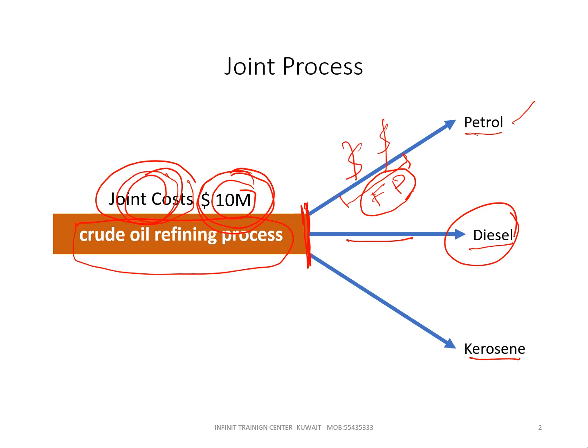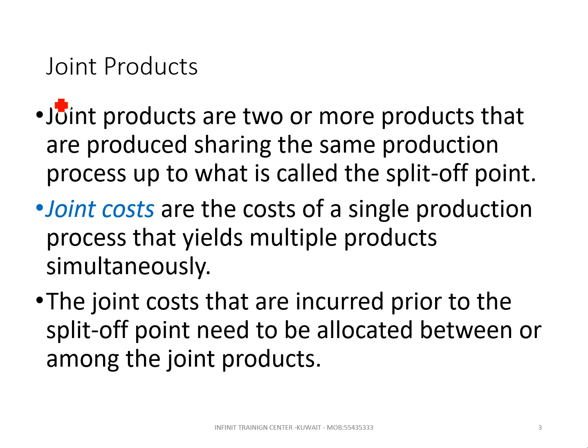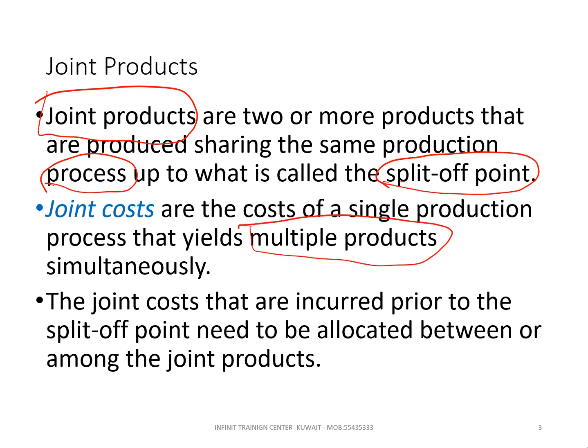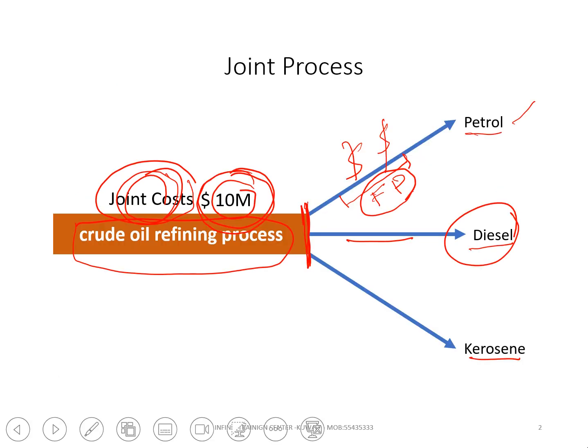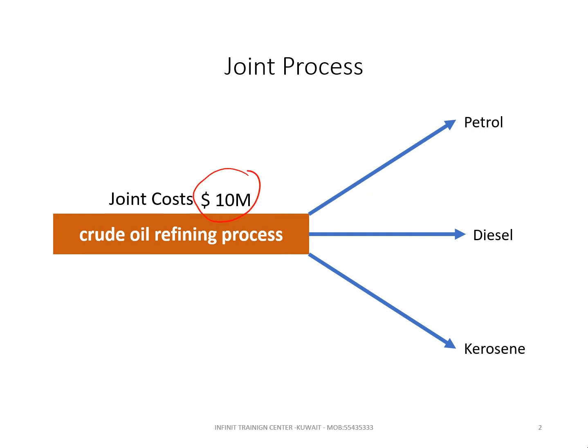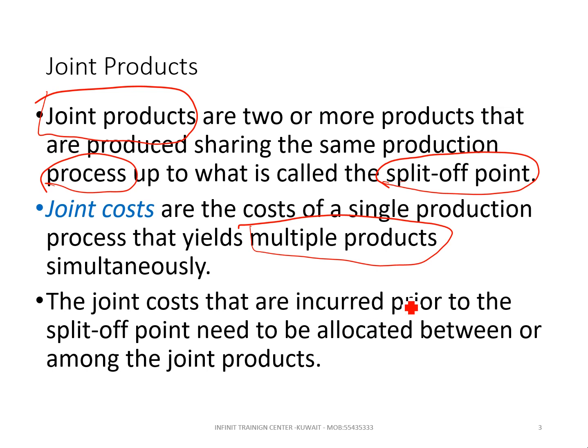Here we have to understand a few terminologies. Joint products are two or more products that are produced sharing the same production process up to a point called the split off point. And joint costs are the costs of a single production process that yields multiple products. So the cost you incurred is the joint cost, because it is going to yield multiple products. The joint costs are incurred prior to the split off point and need to be allocated between the joint products.